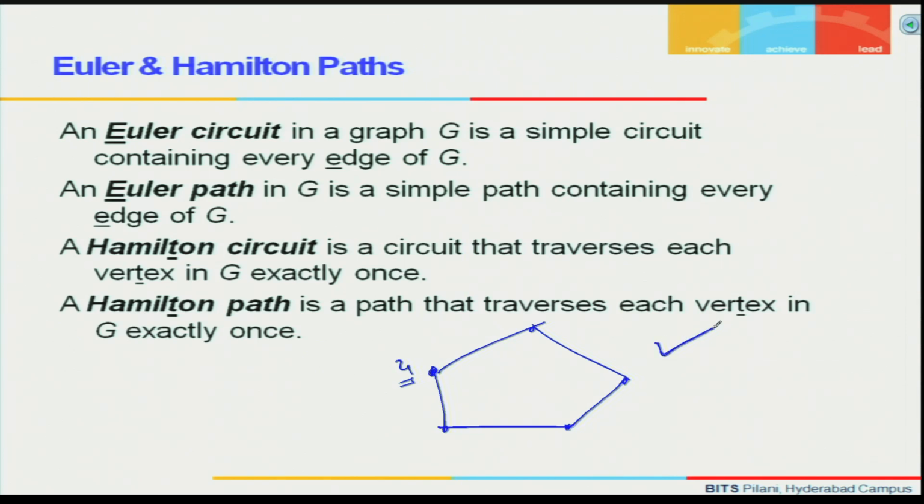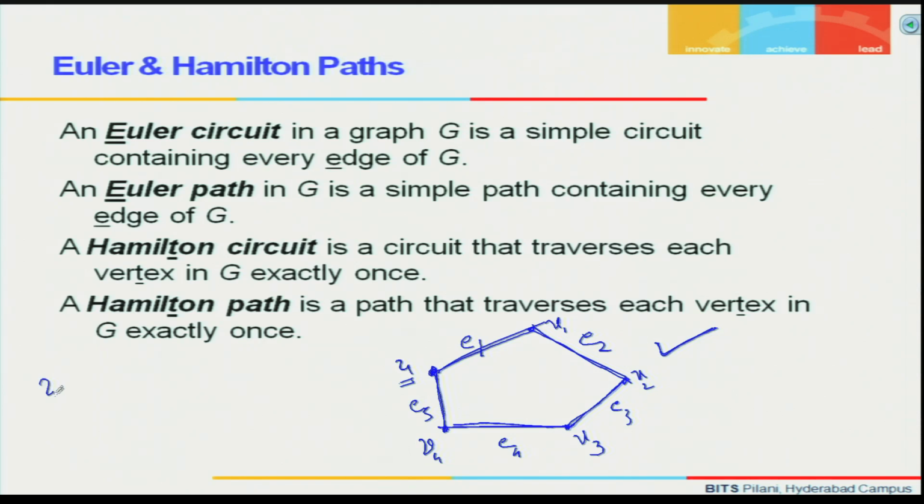For example, here I can start from here, I can go here, here, here, here, and I can come back to u again. Say these are V1, V2, V3, V4, and these are edges E1, E2, E3, E4, E5.